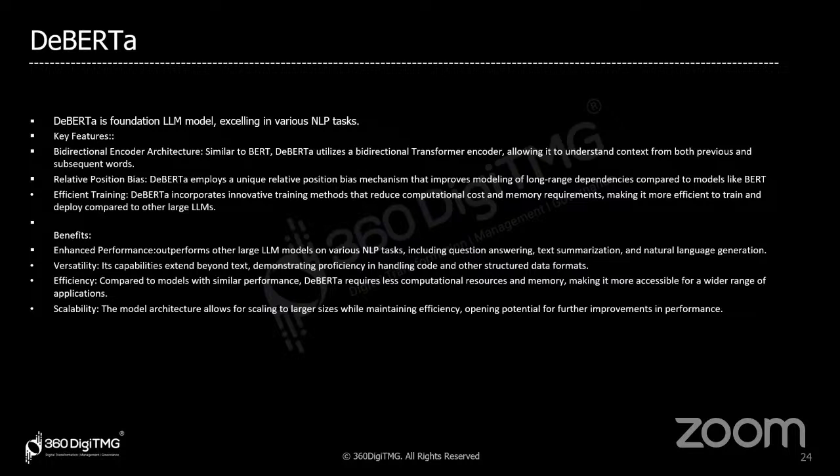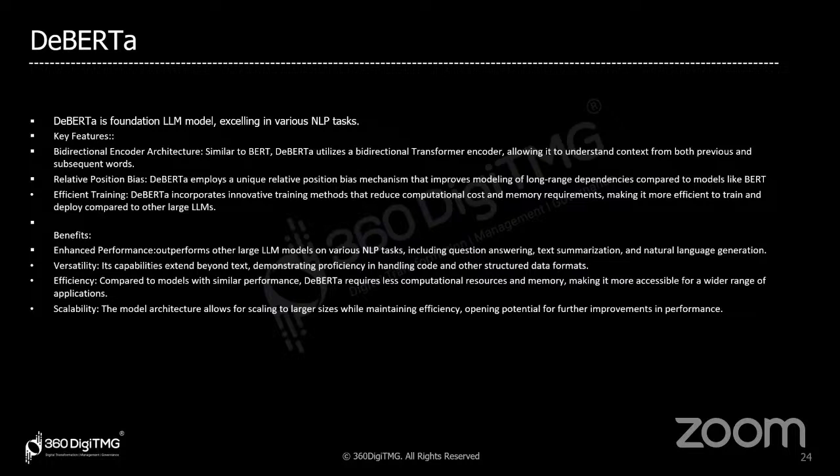DeBERTa employs a unique relative position bias mechanism that improves modeling of long-range dependencies compared to models like BERT. Like if there is a full paragraph of text with long-range dependencies, we can use the DeBERTa model.